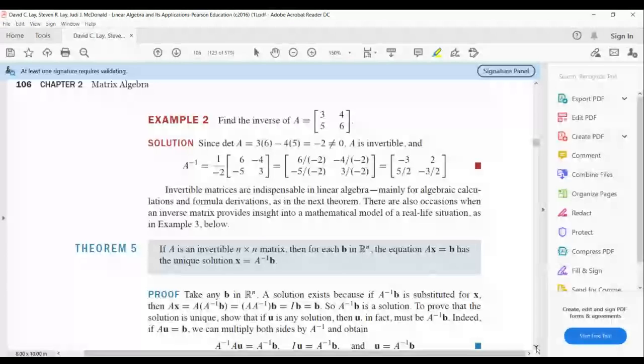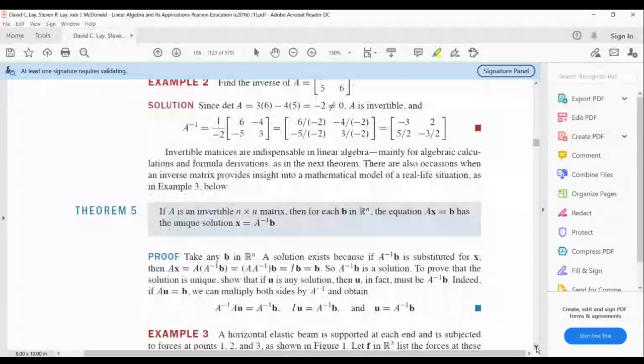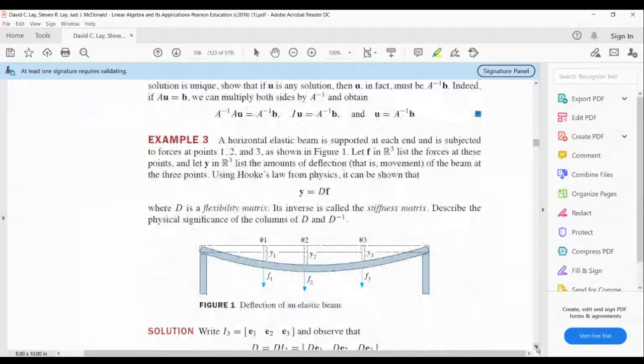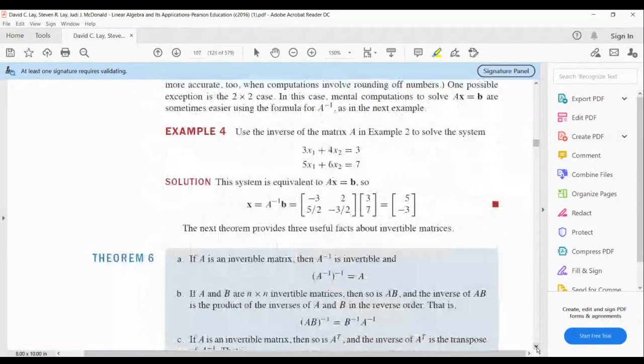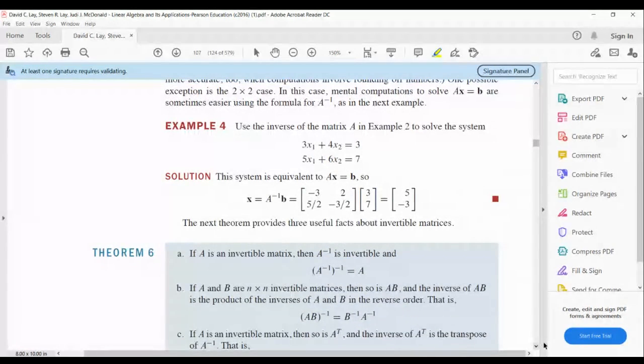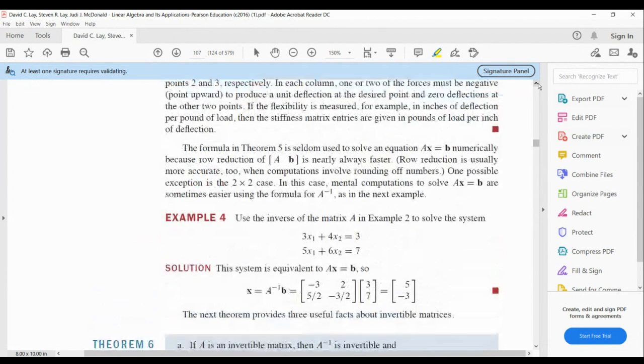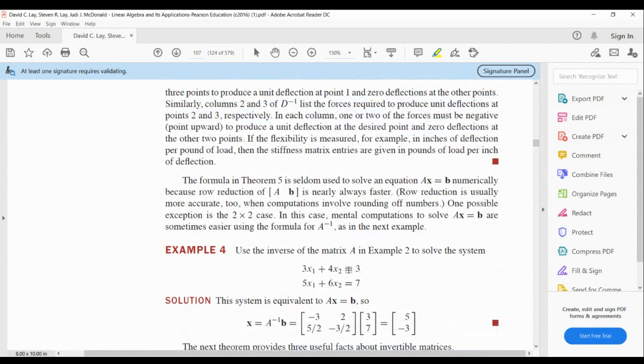Okay, so I'm going to go past the beam problem and go to example 4 here. So here, they say use the inverse of matrix A in example 2 to solve the system. So you have this system 3x1 plus 4x2 equals 3 and 5x1 plus 6x2 equals 7. So the A matrix is going to be what?